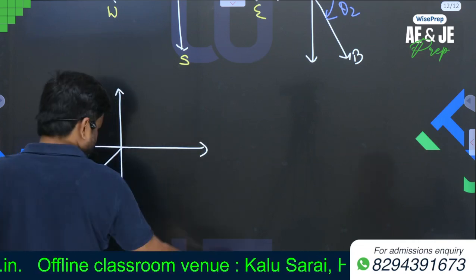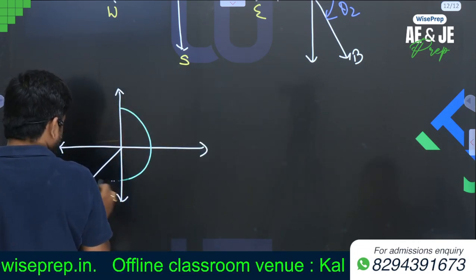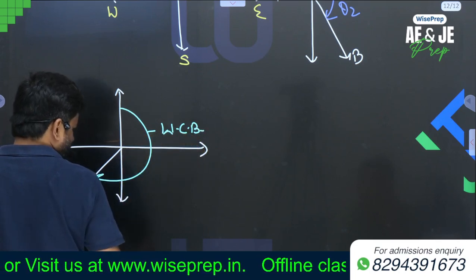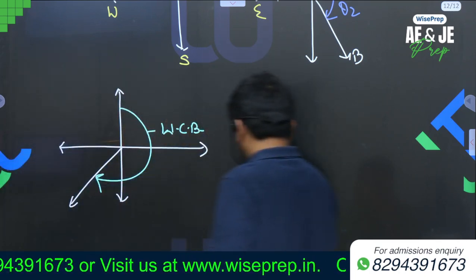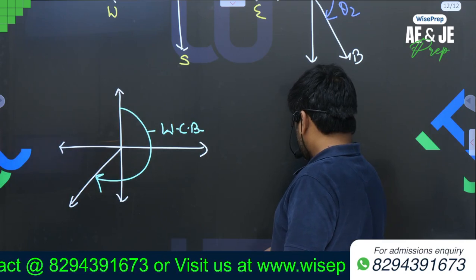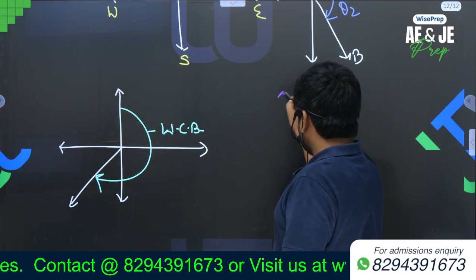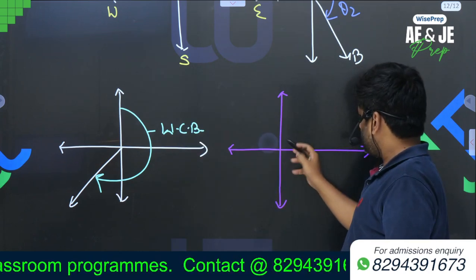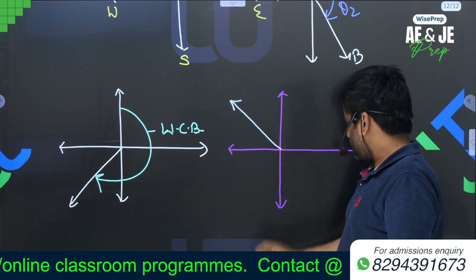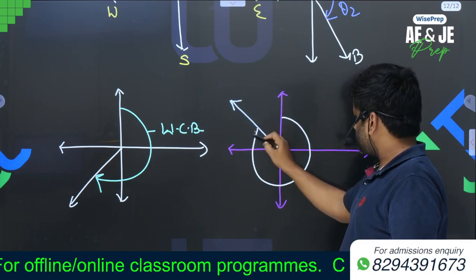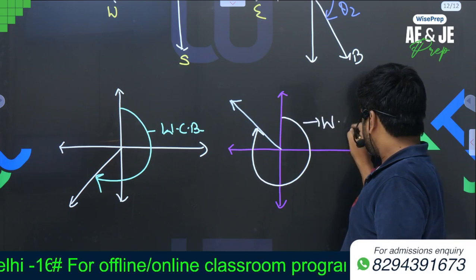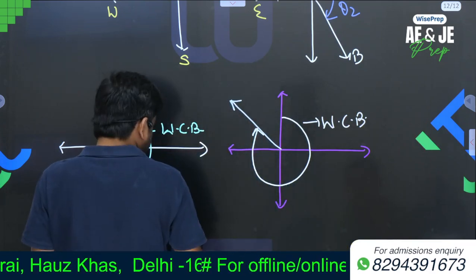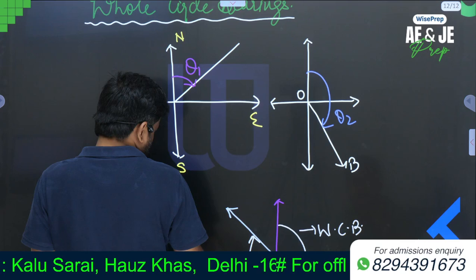So this is what? Whole circle bearing. Now whole circle bearing is always measured in the clockwise direction.